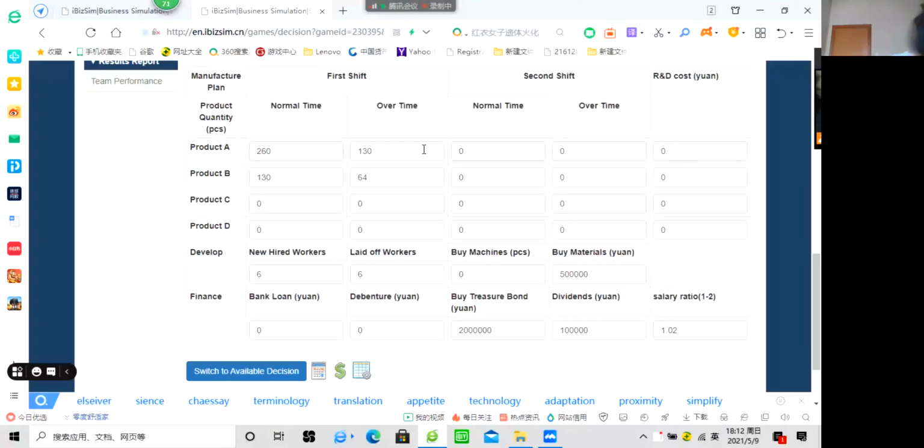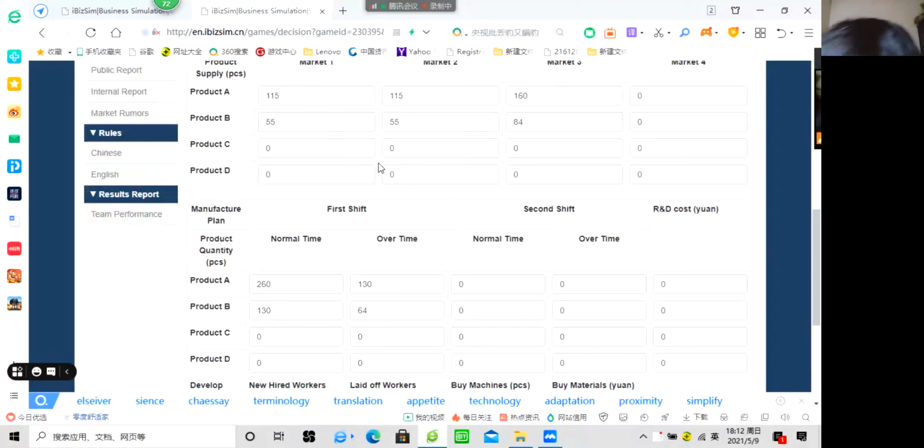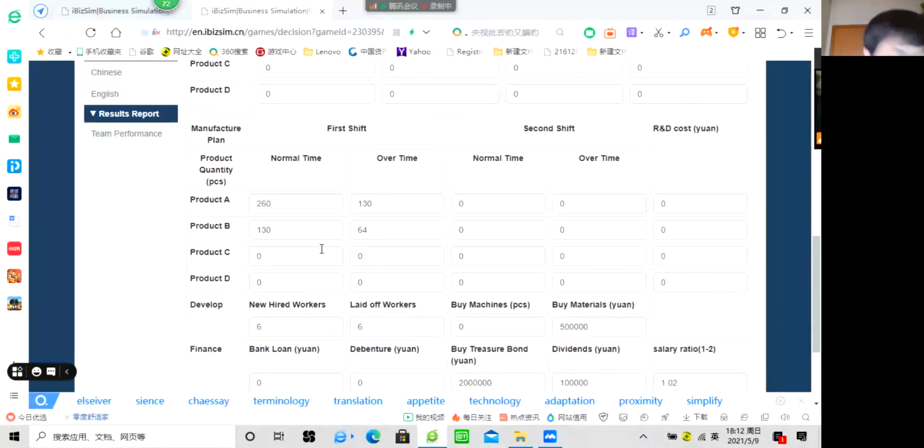For product A, 260 plus 130, that means 390 products A are produced. But according to the rule, just 75% of products produced in this term can be transported into the market. The other 25% will be stored in Kathmandu because our factory is located in Kathmandu.